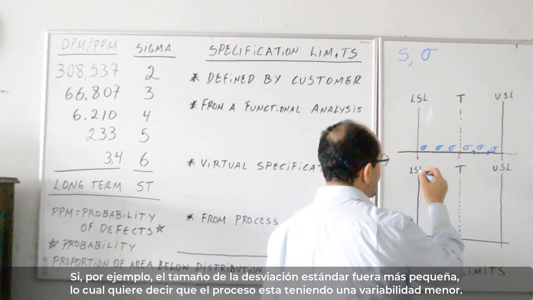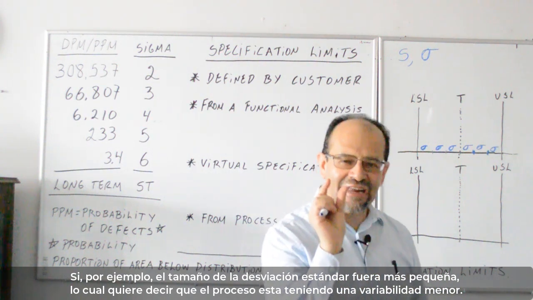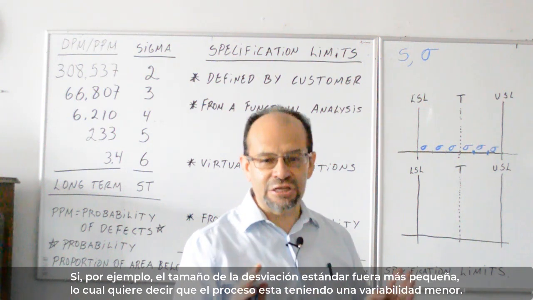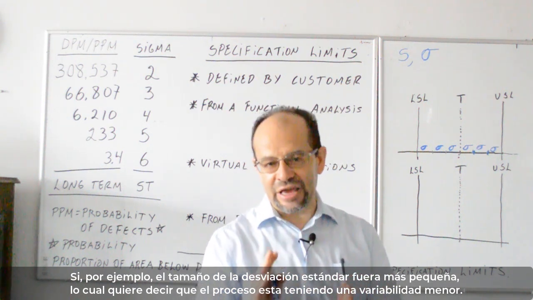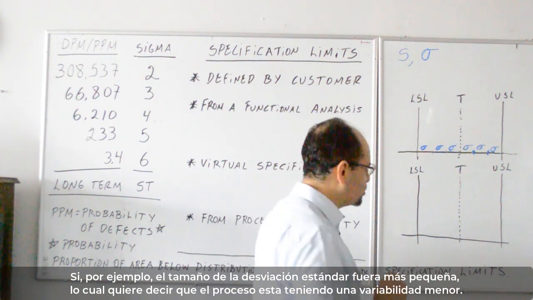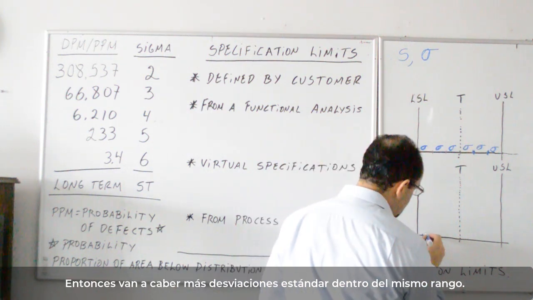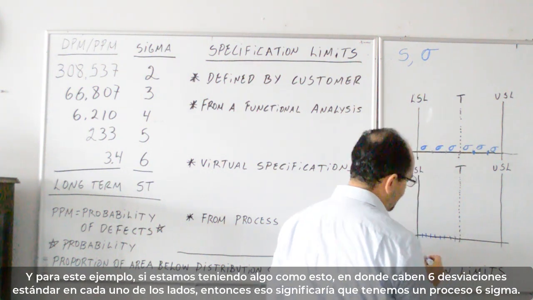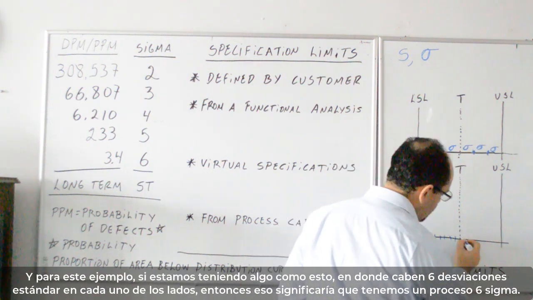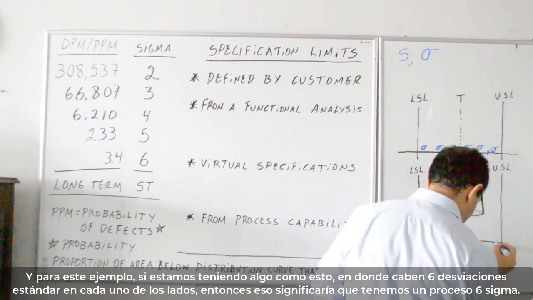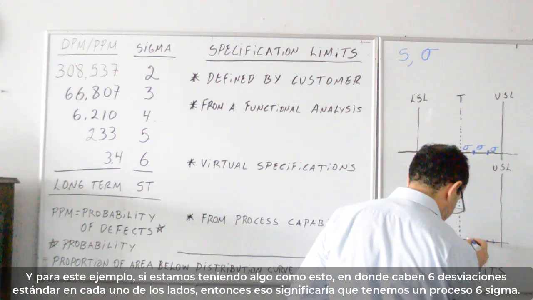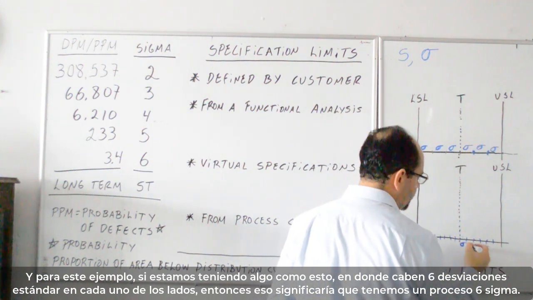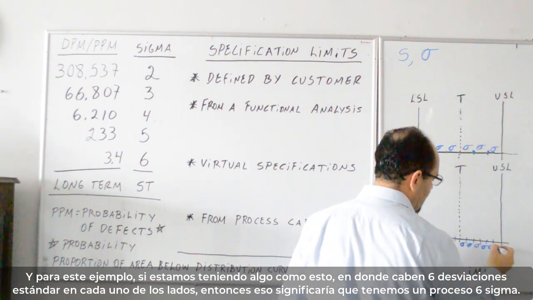For instance, if the size of the standard deviation is smaller, which means that the process is having smaller variability, a smaller deviation of each value against the mean, so the sigma or the standard deviation is smaller, more standard deviations will fit inside this range. In this example, we are having 6 standard deviations that fit here: 1, 2, 3, 4, 5, 6.